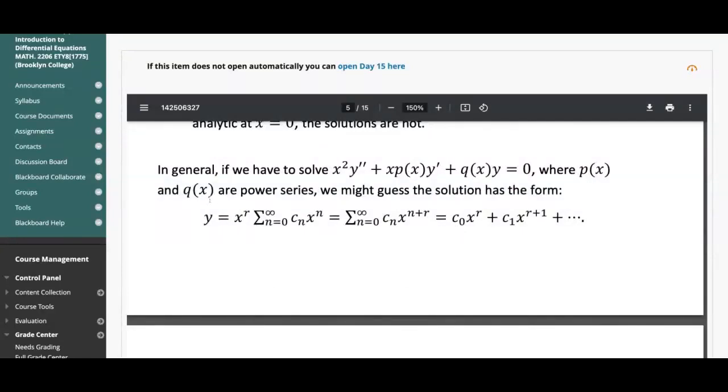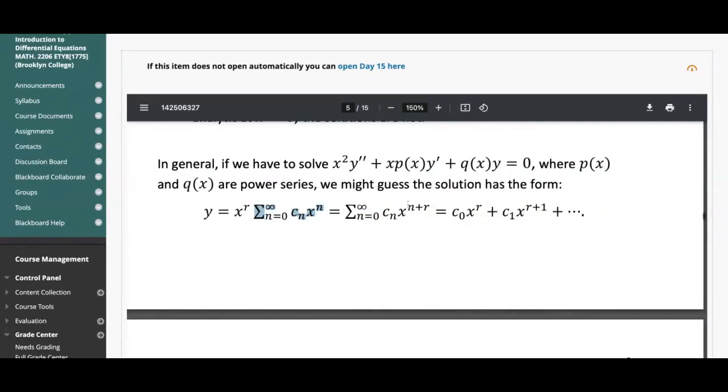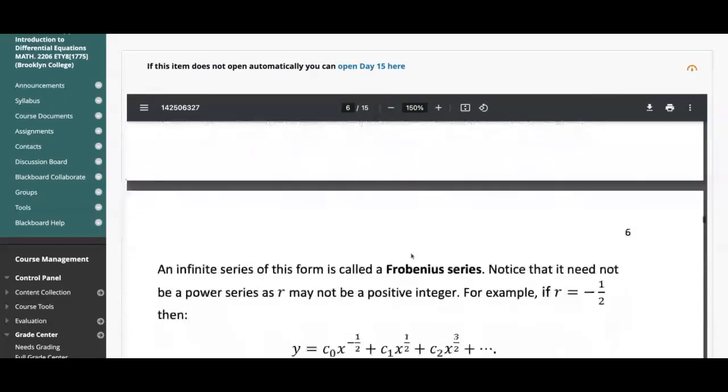But in general, we do this where lowercase p and lowercase q are power series. So we have this x raised to r multiplied by a power series. So we can write it as x raised to n plus r.